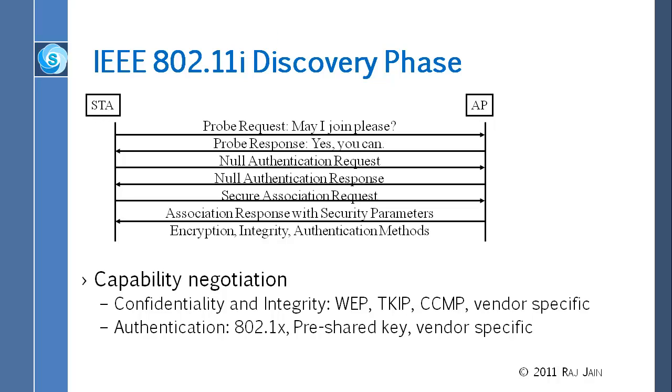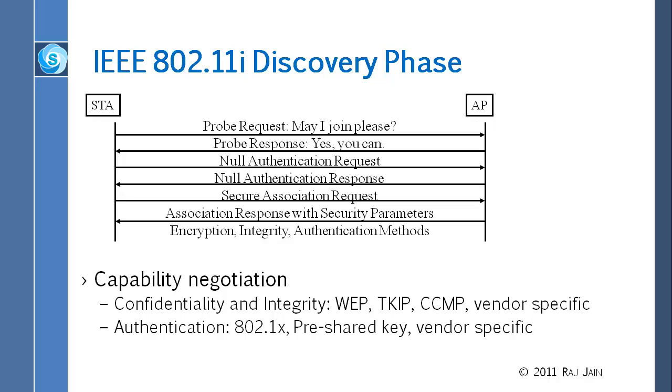Confidentiality and integrity. So for capability negotiation, this is where basically this comes up with the encryption algorithms, integrity algorithms, authentication methods. These are the ones I support, and then this will select that and send them. So somewhere there is something missing here.